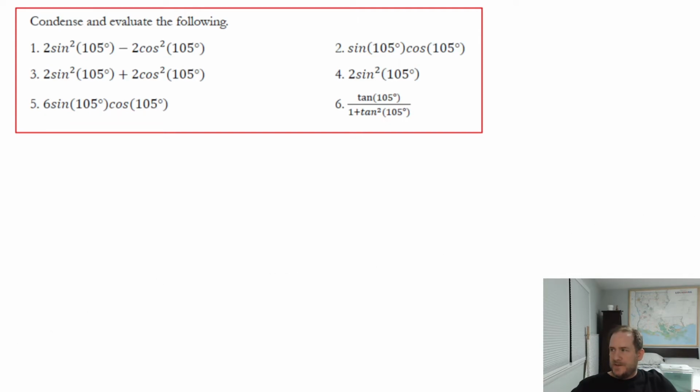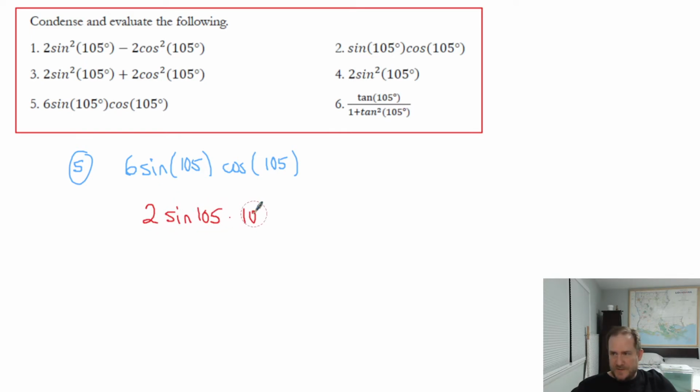Alright, so for 5, looking at 5, we got 6 sine cosine. Alright, and again, I can recognize that if this was just 2 sine 105 times cosine 105, yikes.